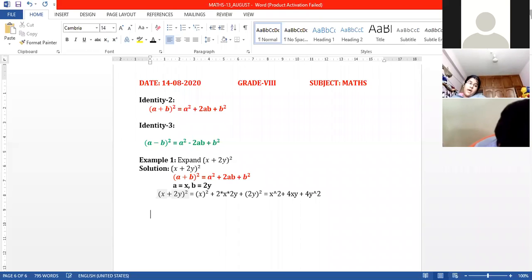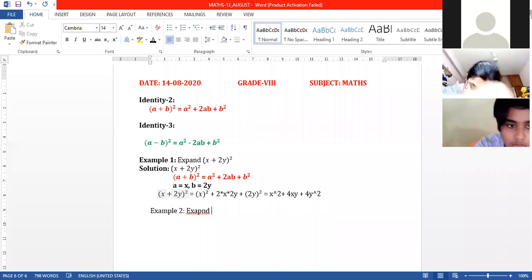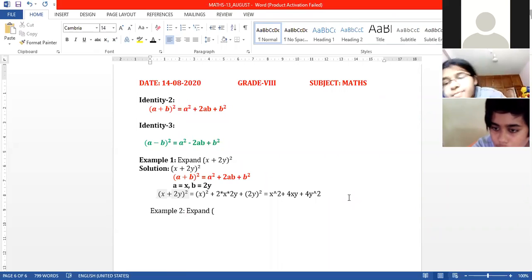Example 2. Expand y plus 2t whole square.